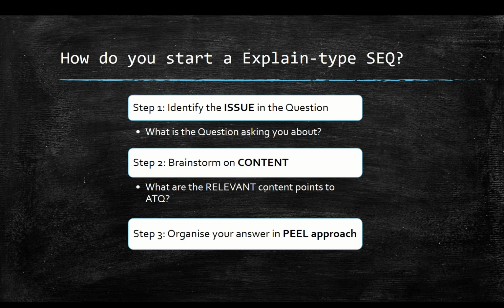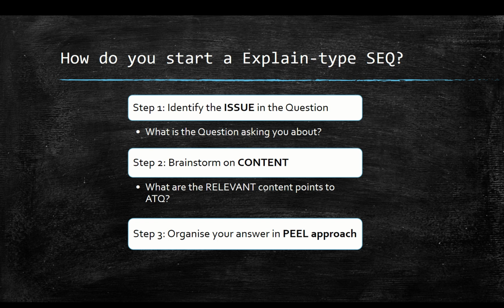Now, how do you start an explain type SEQ? 3 simple steps. The first step, you have to identify the issue in the question, meaning what is the question actually asking you about?